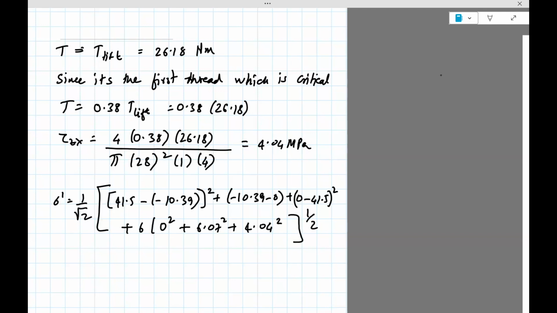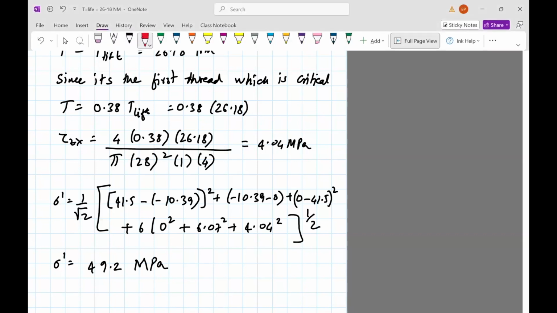The whole thing needs to be square rooted, and then the von Mises stress finally comes out to be 49.2 megapascals. So that's the answer.